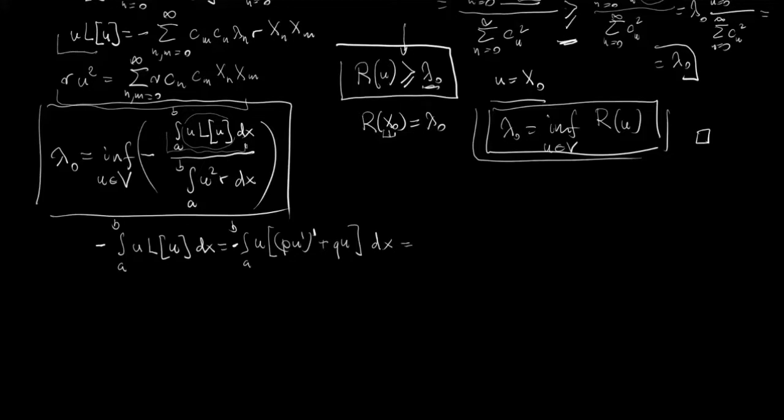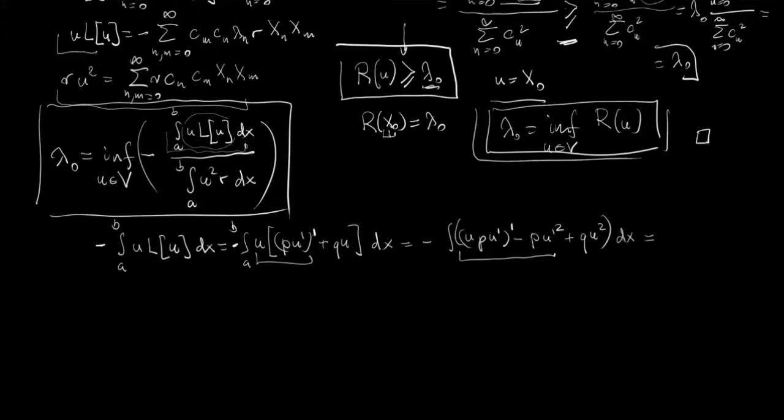And now we integrate the first part by parts, so we just write this as the negative of u p u prime, and now we have to subtract p u prime squared, so that is this term that we wrote like this, and here is q u squared dx.